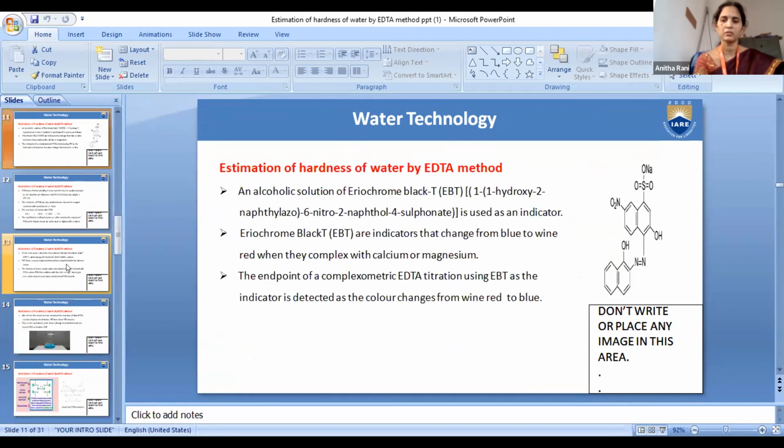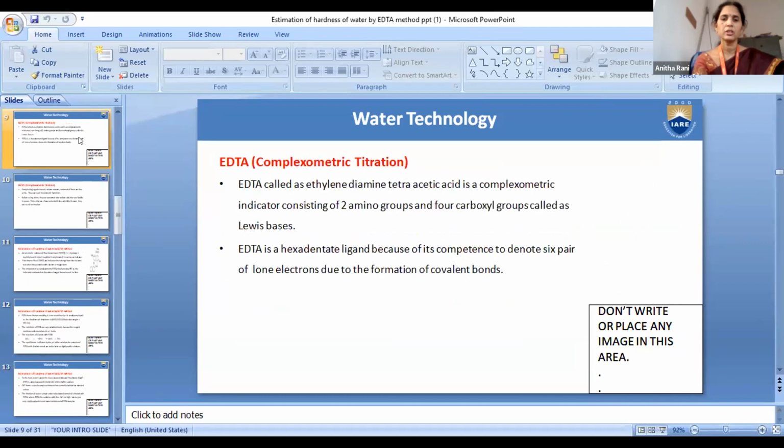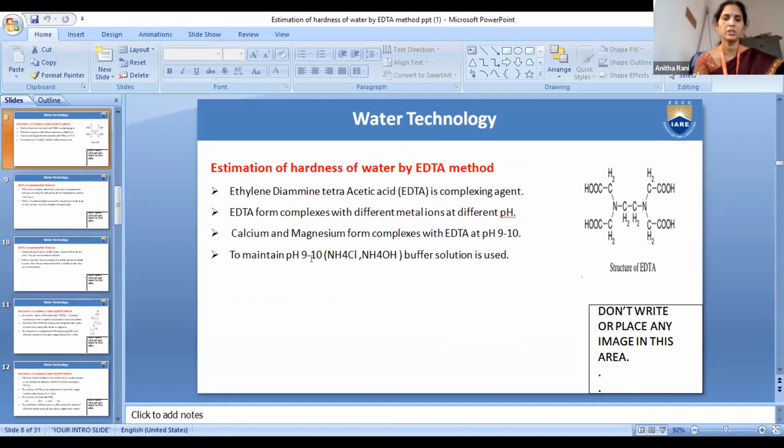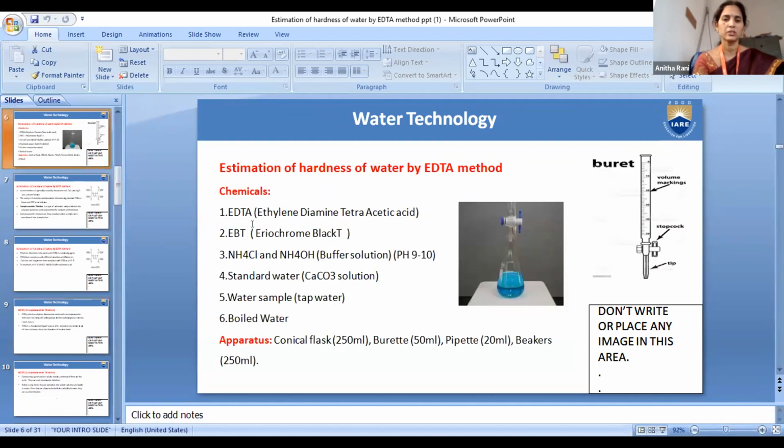I gave the EBT structure in the PPT just to help you understand, but there is no need to remember it. Just remember EBT indicator, Eriochrome Black T indicator.